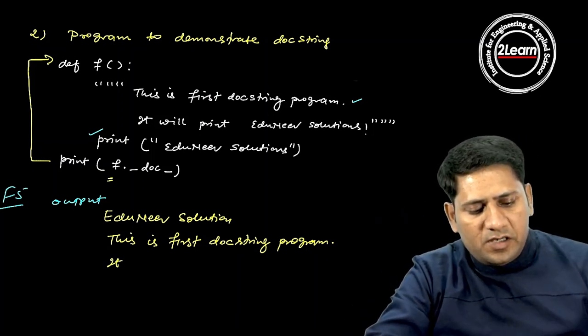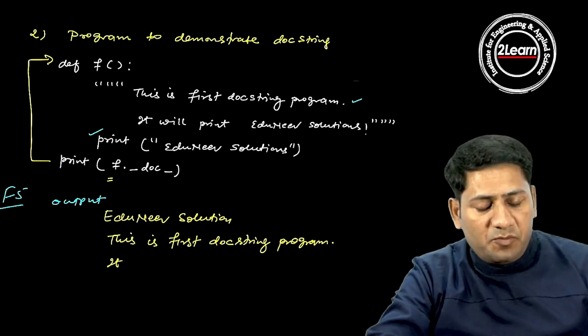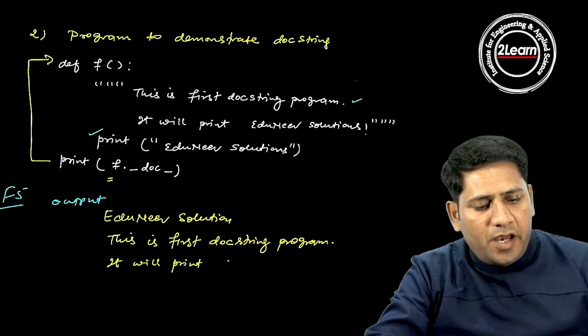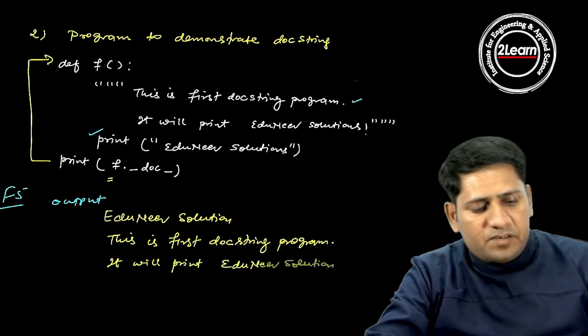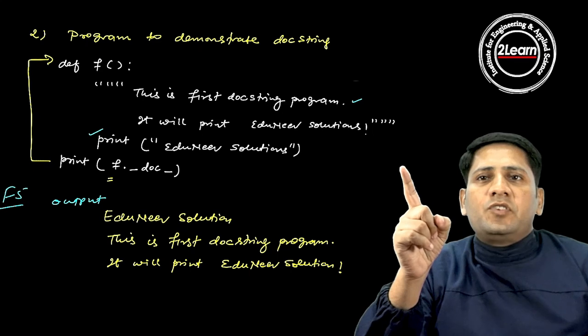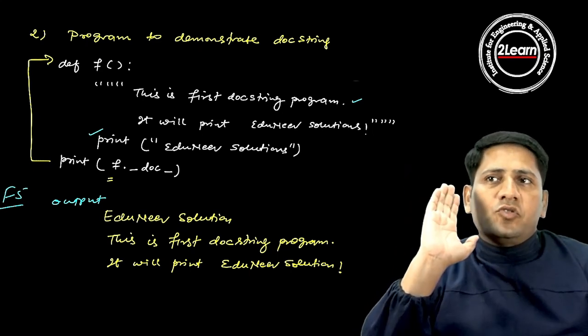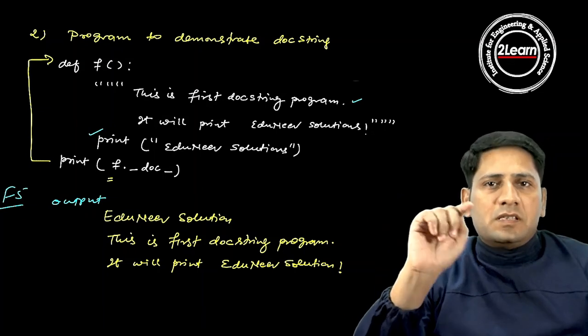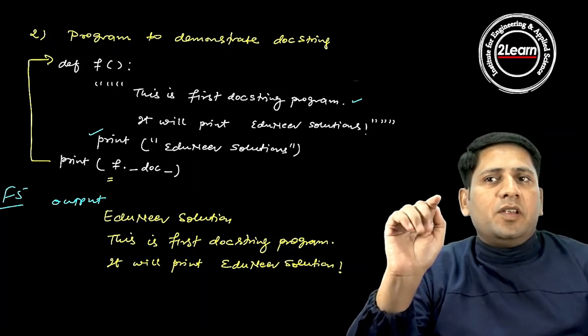Another statement, or you can say the description part, will be printed. It will print Adobe solutions, and you can see that there is an exclamation after Adobe solutions. So this is the way how a docstring program is executed by the Python interpreter.